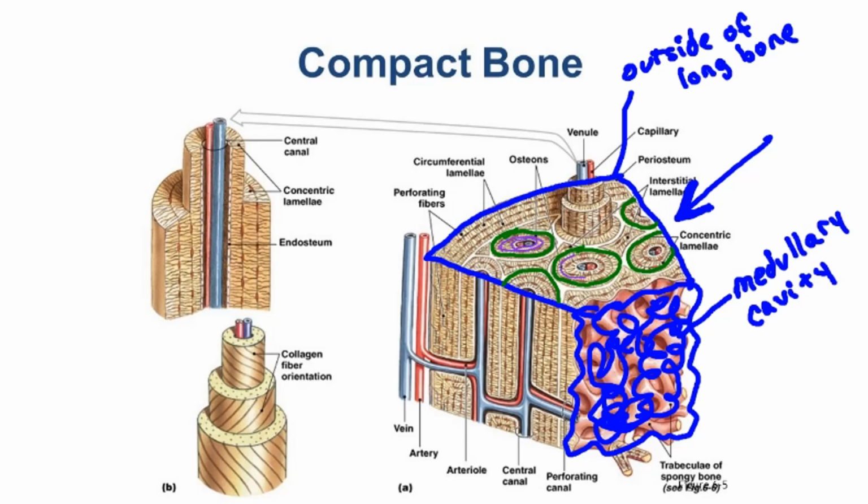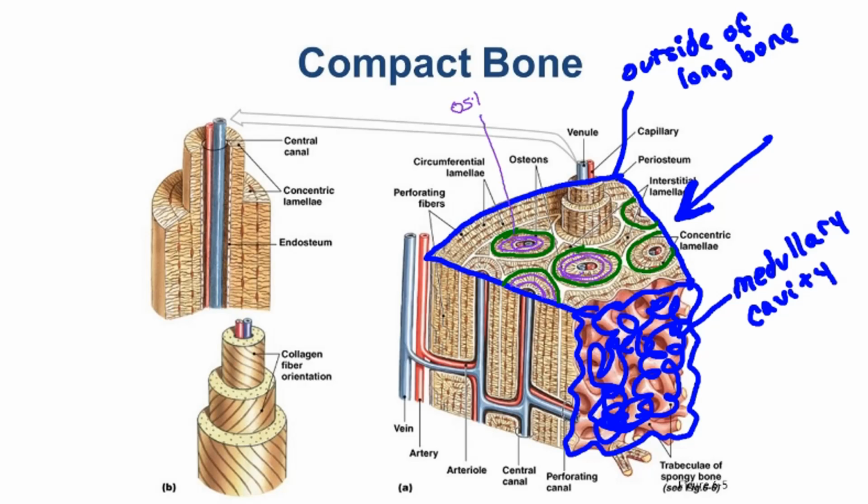Here's a ring. Here's a ring. And so you can actually visibly see each individual layer of lamellae wrapping around each other in a cylinder shape. And this whole cylinder unit is called the osteon.